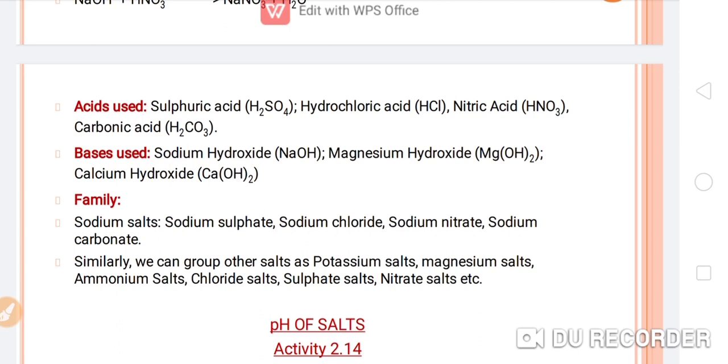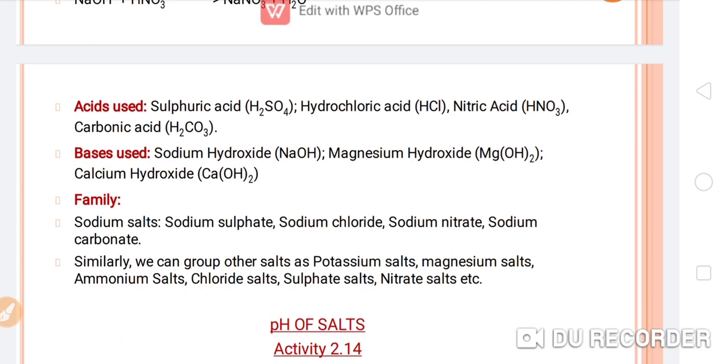Okay, so you can use HCl. Nitric acid, if you have to form magnesium nitrate, calcium nitrate, potassium nitrate, so you can use nitric acid. Similarly, carbonic acid, if you want to form calcium carbonate, potassium carbonate, sodium carbonate, you can use carbonic acid.